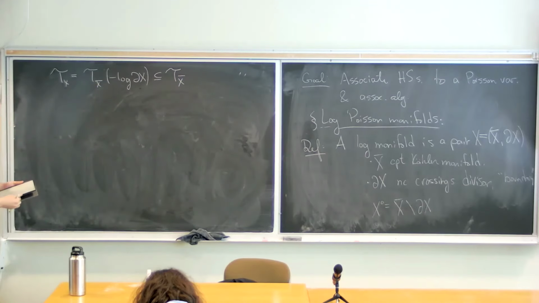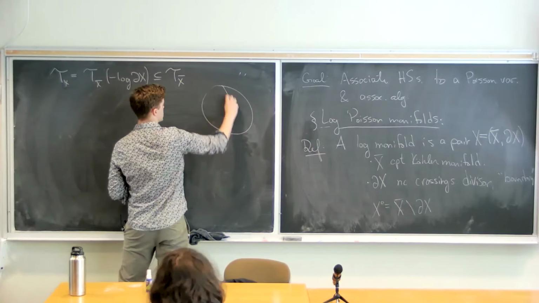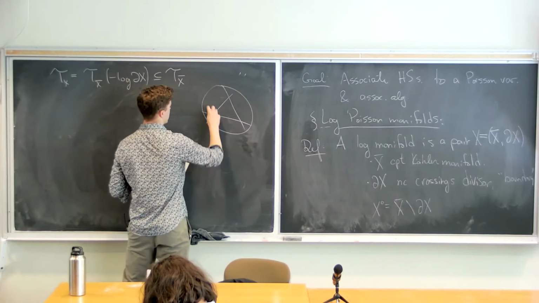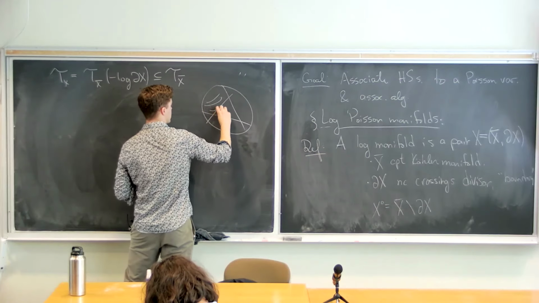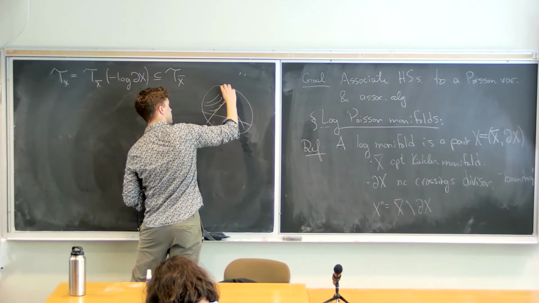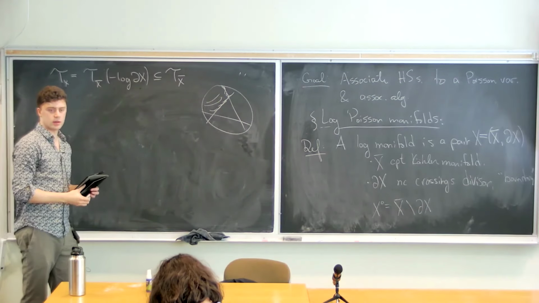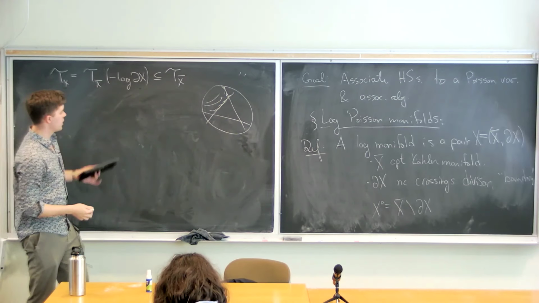So these are vector fields on the compact thing. For example, this is P2, and these are the coordinate hyperplanes. Then they're vector fields which are always going to be tangent to these boundary divisors. Yes, all of these are holomorphic sheaves.